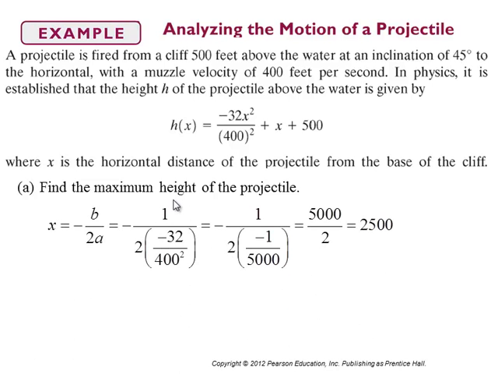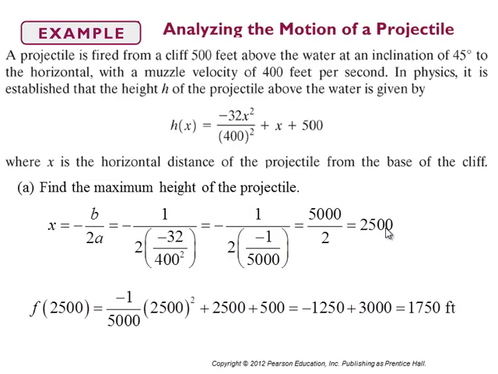Negative b over 2a, and just simplify that expression. That works out to be 2500. As in, 2500 feet downrange, the projectile will be at its maximum height.